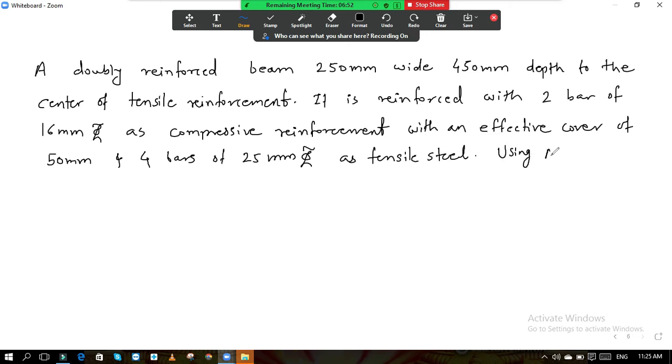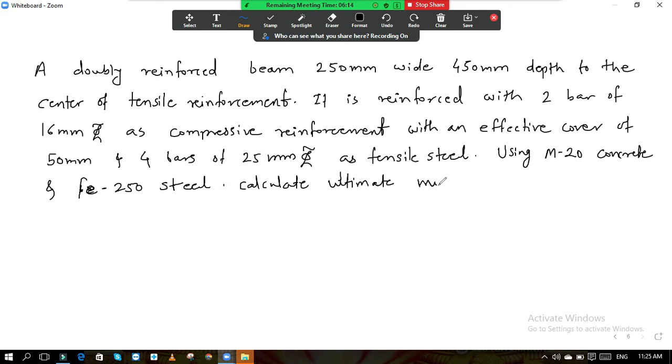Using M20 concrete and Fe 250 steel, calculate ultimate moment of resistance of beam section.